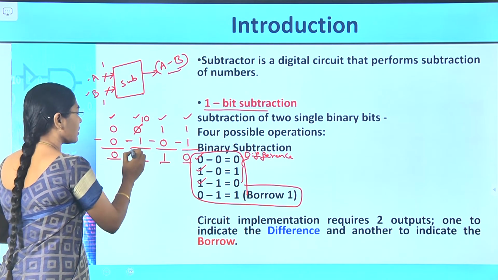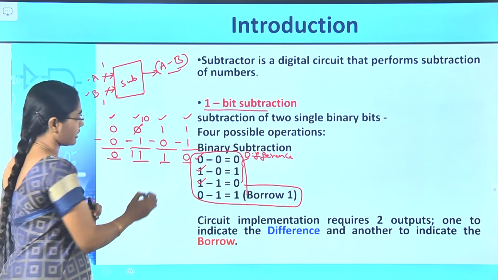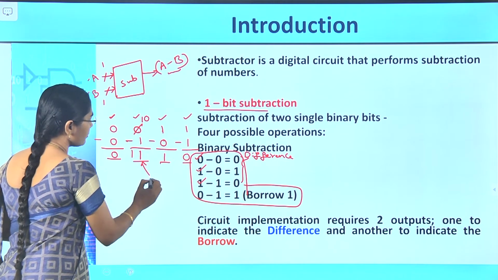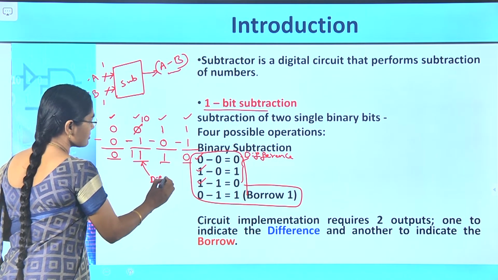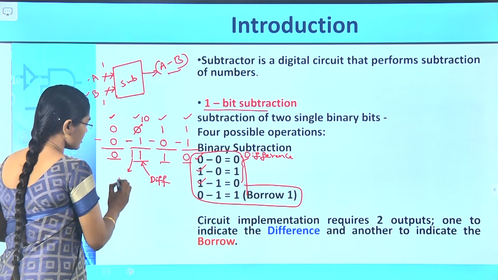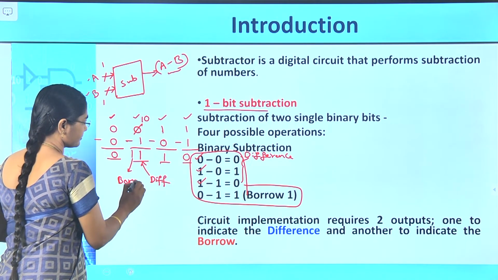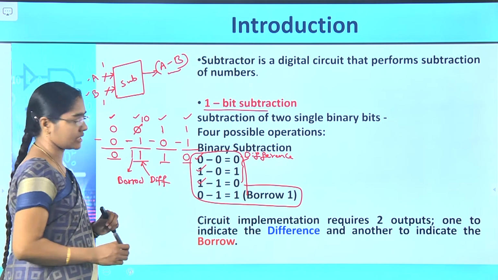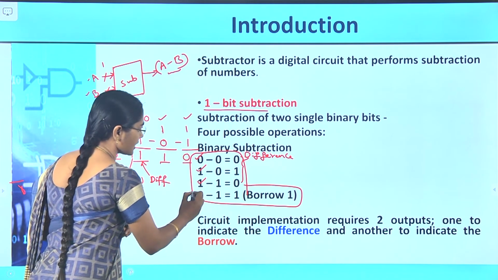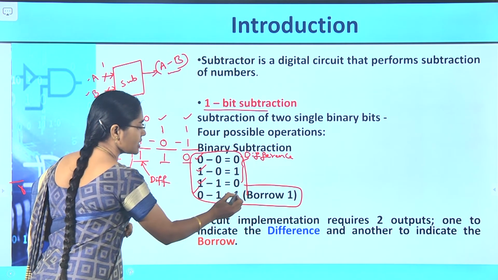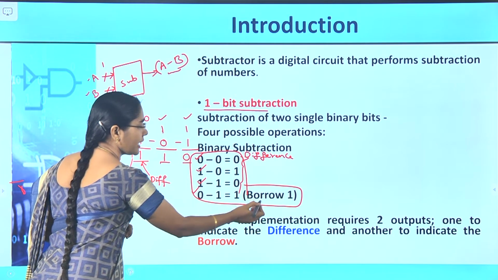Since we have taken a borrow, borrow is also 1. So for the 0 minus 1 case, difference is equal to 1 and borrow is also 1.